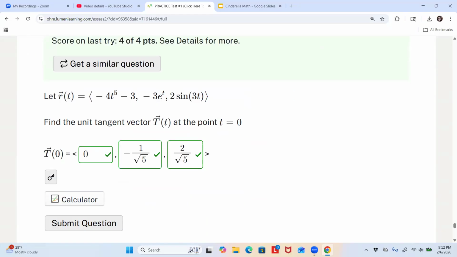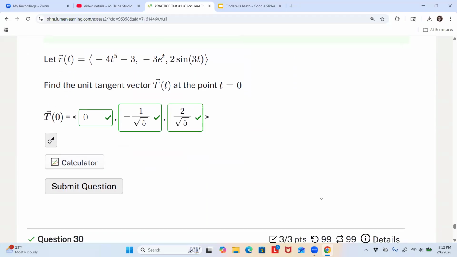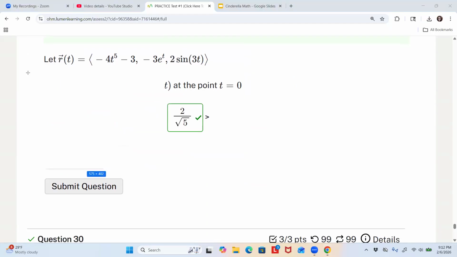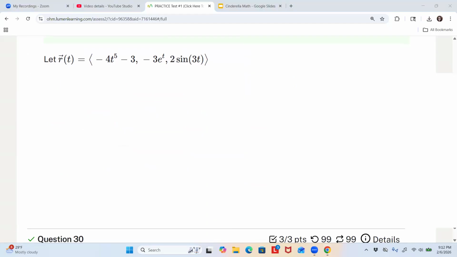29. Find the unit tangent vector at t equals 0. So we do have another formula here. The unit tangent vector is denoted as capital T of t. And the formula here is r prime of t over the magnitude of r prime of t.